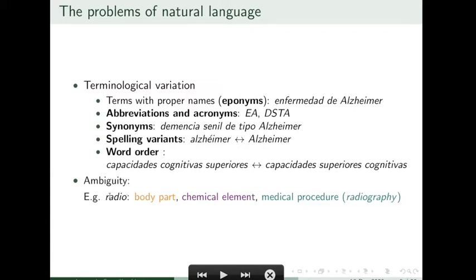So radio, if we don't have any context, can be interpreted as a body part, a chemical element, or a medical procedure, radiography.